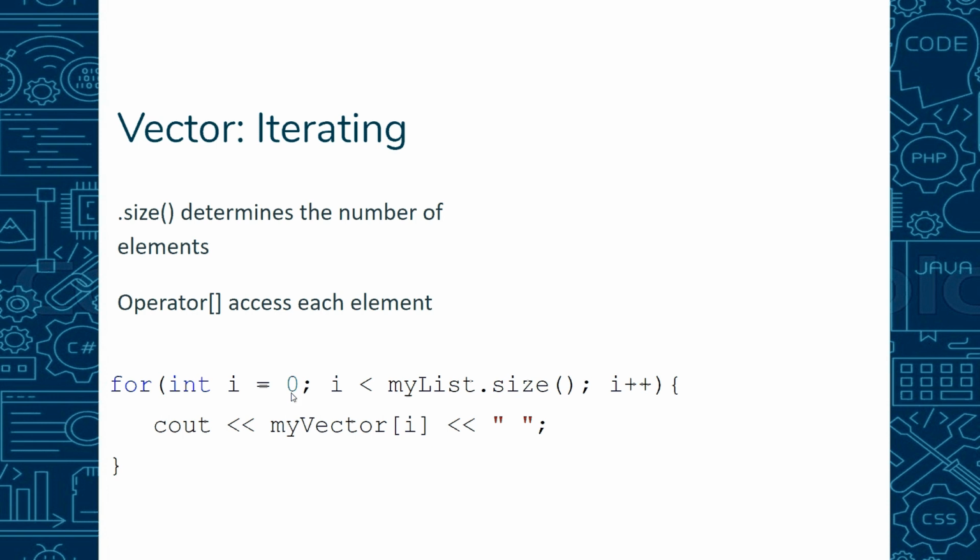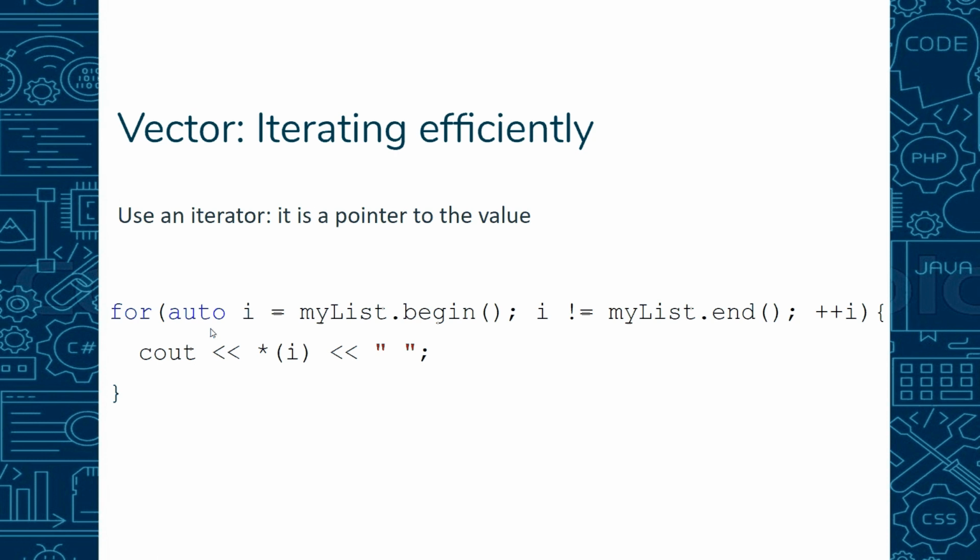Here's one way to display. You have a for loop that iterates through, and it's using the overloaded operator for the brackets to display each item in the array. Or you can use your auto and start at the beginning of the list. So long as you're not at the end of the list, it's going to go through one at a time and display a pointer to each of the values.